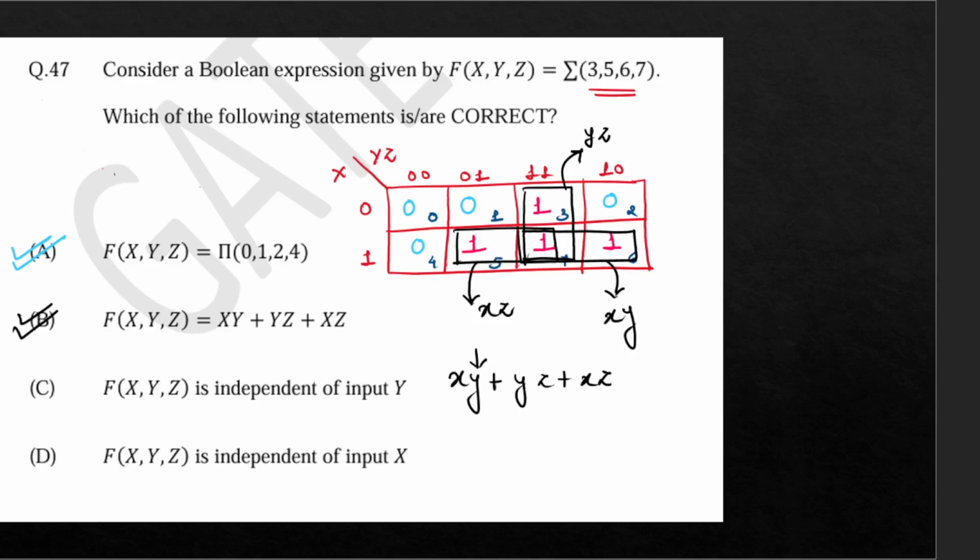So this is clearly false, and the same goes for x, because x is there in the expression, so it is not independent. That is why C and D are not the correct answers. So here I can say that options A and B are correct. Option A and B are correct.